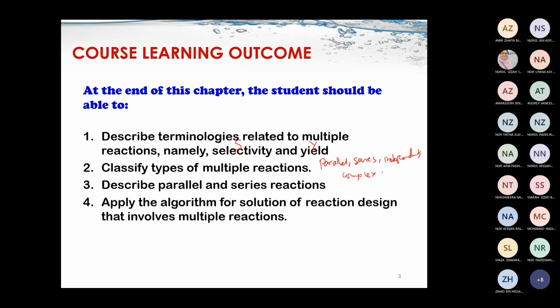These are the 4 kinds of reaction you will learn. You also need to know how to describe parallel and series reactions, and apply the algorithm for the solution of reaction design involving multiple reactions.